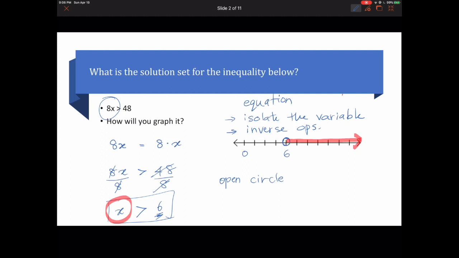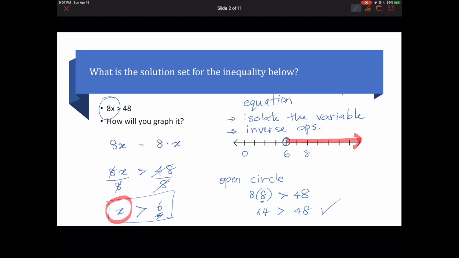If I take a number 8 and substitute into my original inequality, I have 8 times 8, now this is x. 8 times 8 is 64. 64 is greater than 48, and this statement is true.